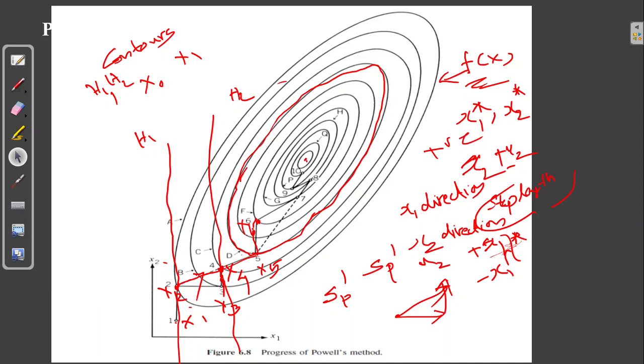Then we will minimize the objective function in the first pattern direction, that is in this direction. We will draw a parallel line to this like this.